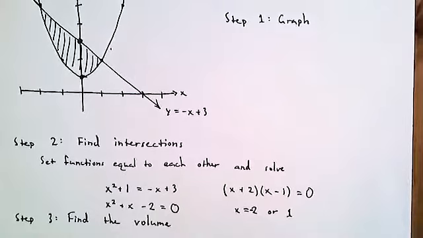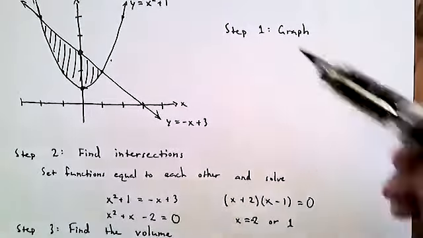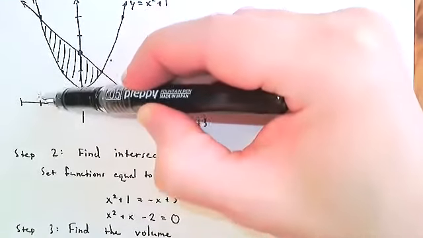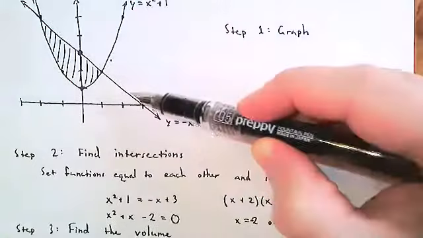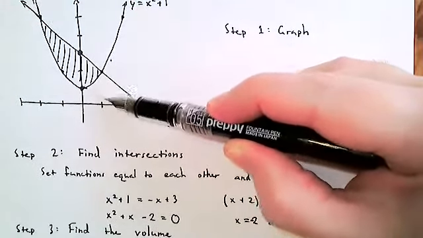Okay. And that's exactly what you would see up in the graph. The intersection over here is at x equals minus 2, and then the intersection on the right is at x equals 1.